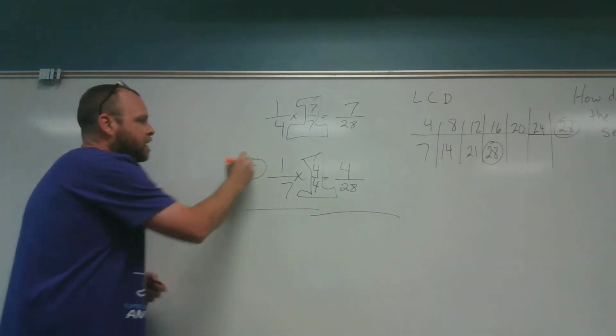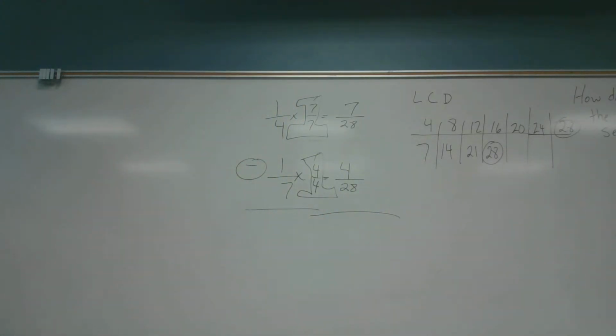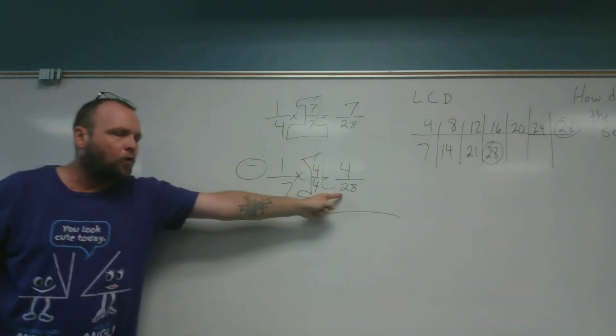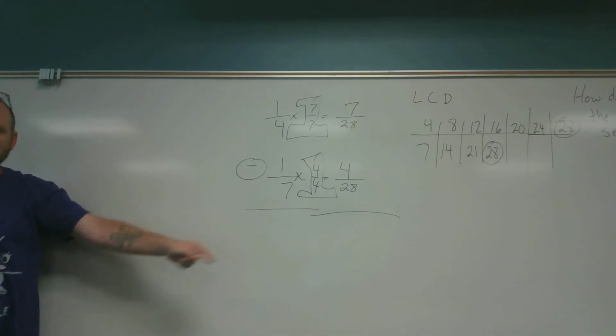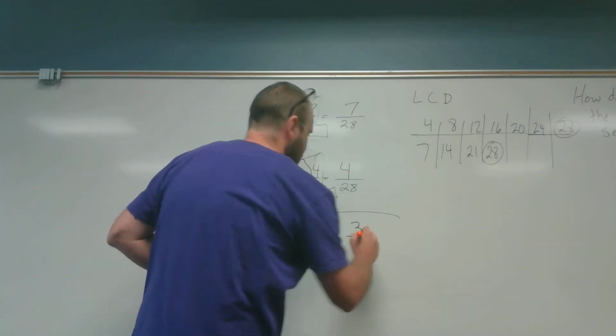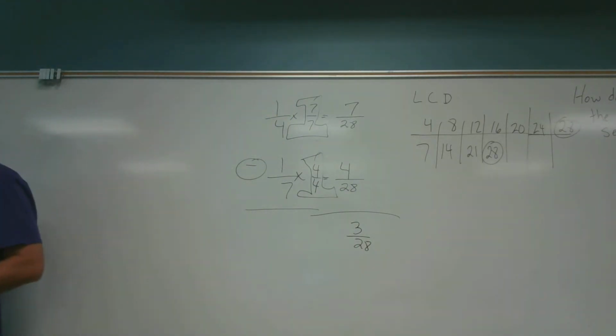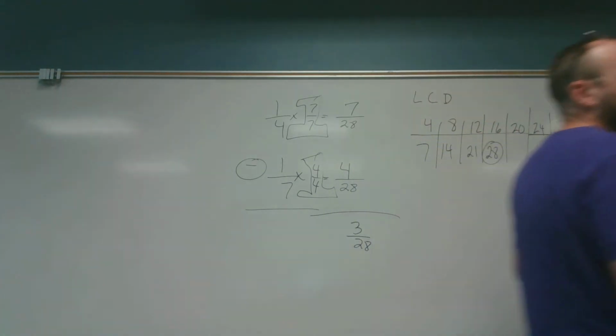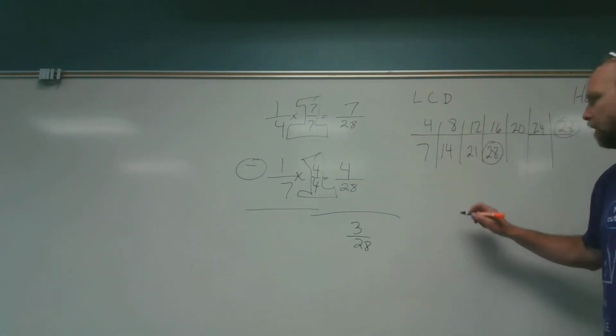Because it is a subtraction problem, I always want to look over, especially since some of the problems I'm giving you today are addition and some are subtraction. So Morgan, 7/28 minus 4/28 is 3/28. Now we're not sure whether we can simplify this, but I'm going to show you an easier way to check.